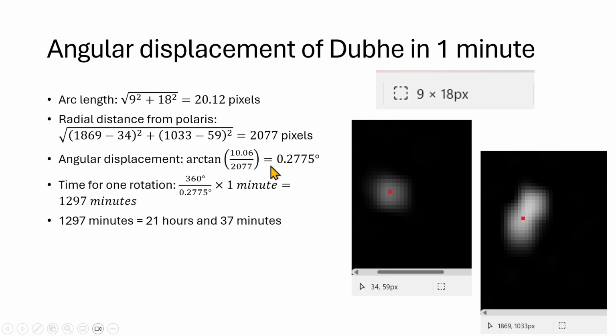Now, the tan of the angle is equal to the ratio of half of 20.12, which is 10.06, divided by that distance between the centres, which was 2,077. So 10.06 was half x, and 2077 was d, going back to that trig diagram that we had before.